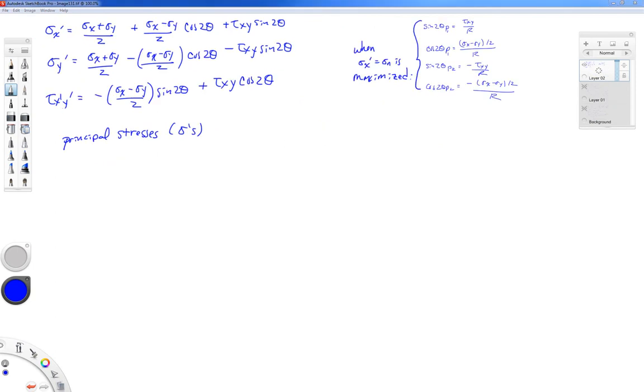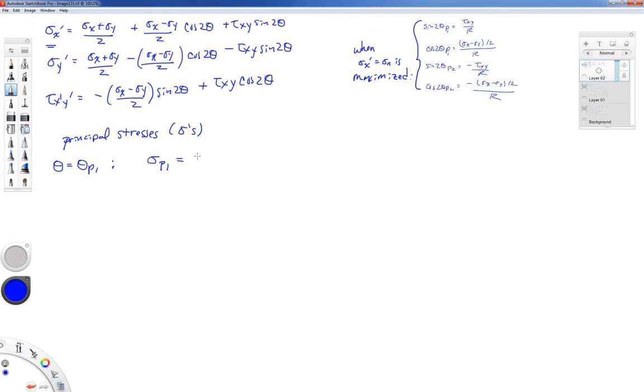All right, so let's take a look then. We're going to plug in these values of sine and cosine 2 theta p into the sigma n or sigma x prime equation. So let's do theta equal to theta p1. And so we get what's going to be sigma p1, our first principal stress, from this equation. It's going to be sigma x plus sigma y over 2.